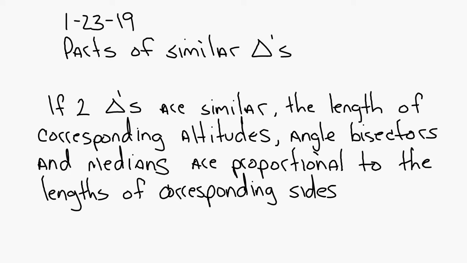If 2 triangles are similar, the length of corresponding altitudes, angle bisectors, and medians are proportional to the lengths of corresponding sides. So let's do a review of altitude.